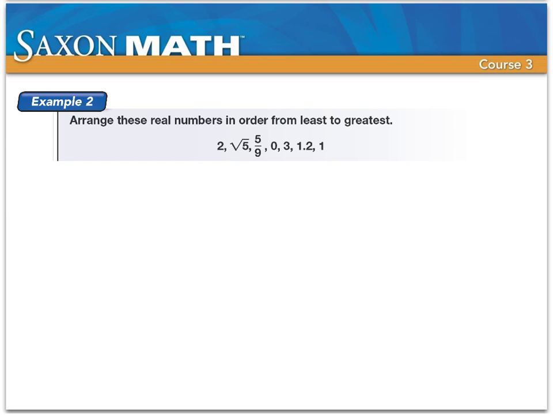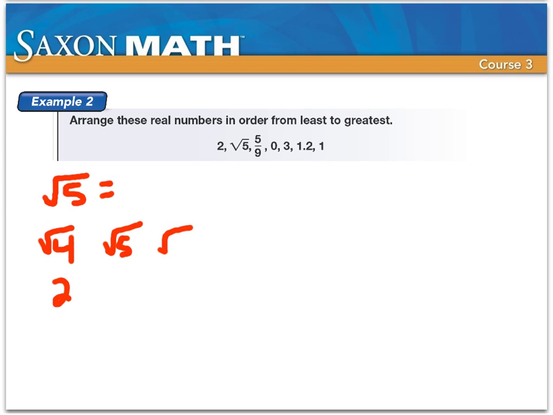So let's convert the square root of 5 to a decimal. Again, think about this. It's between the square root of 4, which is 2, and then what's the perfect square number after 5?